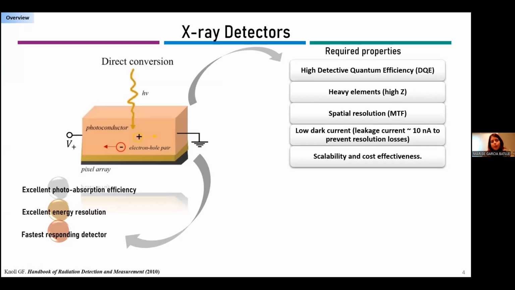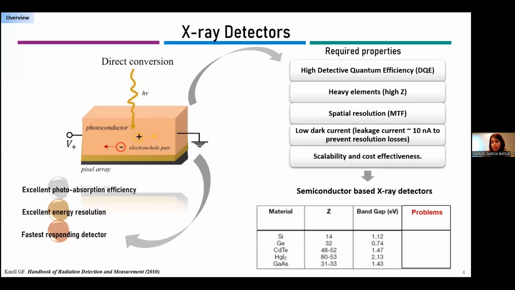We also need to minimize the cost and to scale up these products. But this property here, low dark current, is one of the main, mandatory properties that we need to fulfill in this case for these devices.